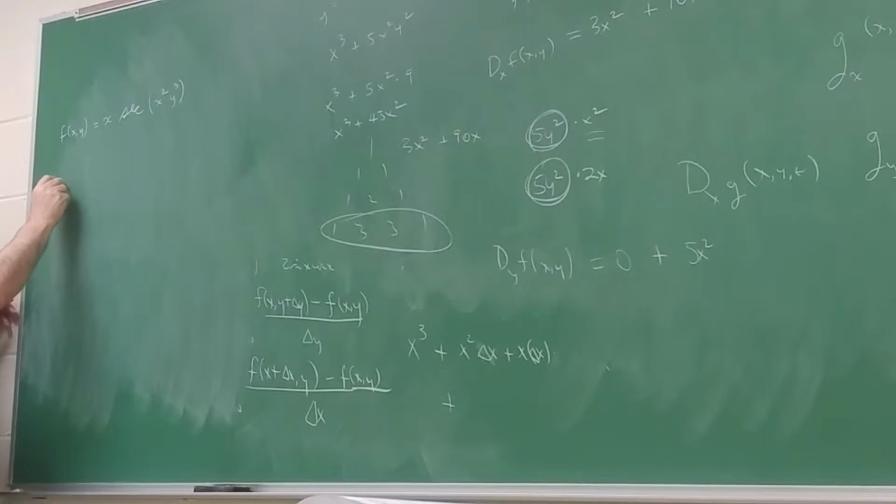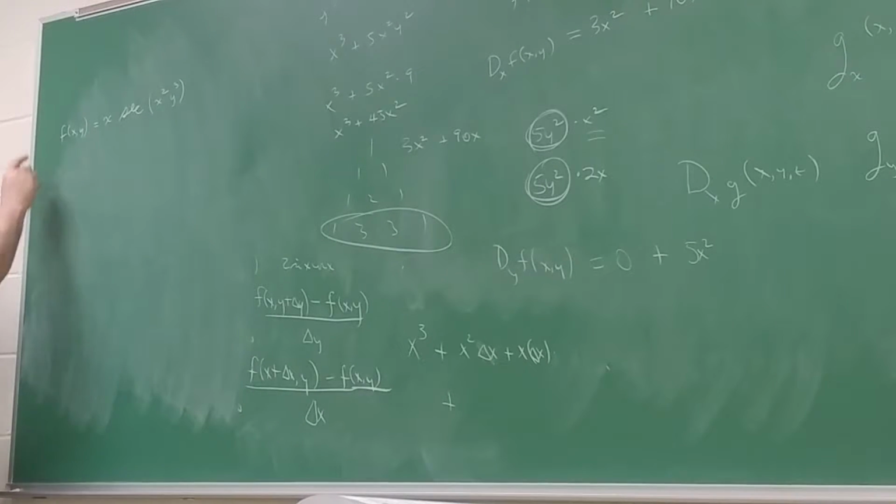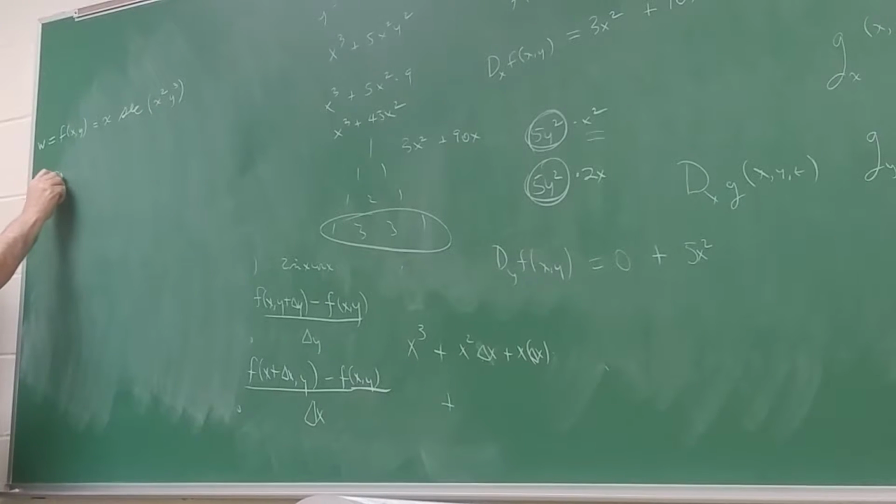If I give the thing a dependent variable name, if I call this w, for example, then as you already noted on the handout, I can say del w, del y.